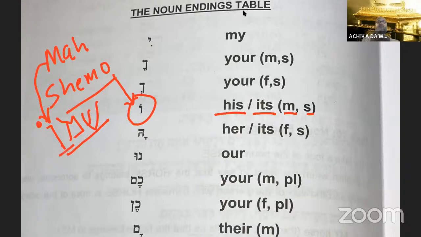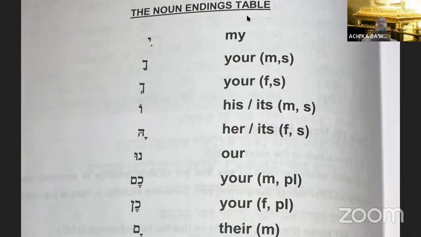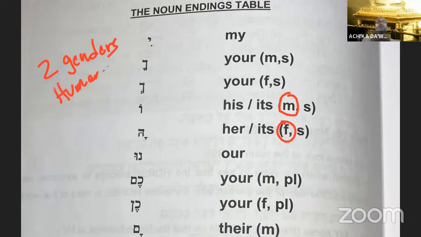So every time you see the O on the end of something, it represents something that's masculine. And if you notice, you keep seeing masculine, feminine, because those are the only two genders that you're ever going to see in humans and animals and plants.